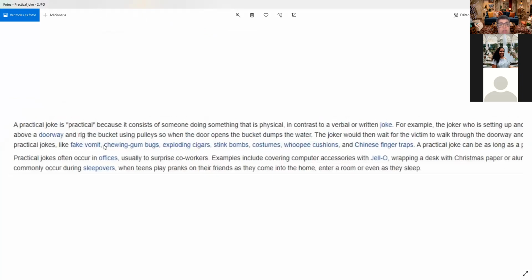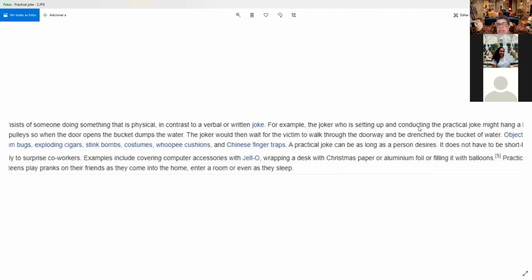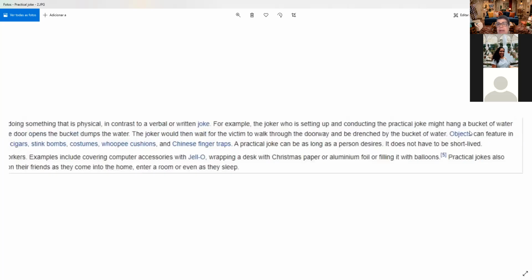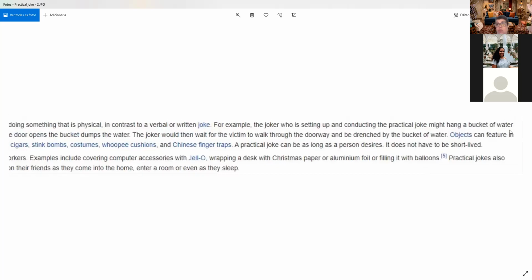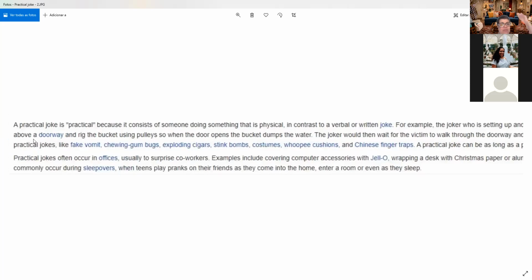The name practical is because it consists of someone doing something that is physical, in contrast to a verbal or written joke. For example, the joker who is setting up and conducting the practical joke might hang a bucket of water, suppose, above a doorway and rig the bucket using pulleys.